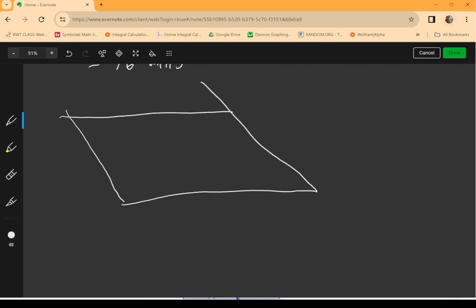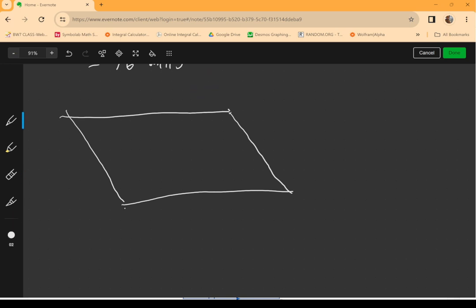So here we had a rhombus that looks like this. Okay.